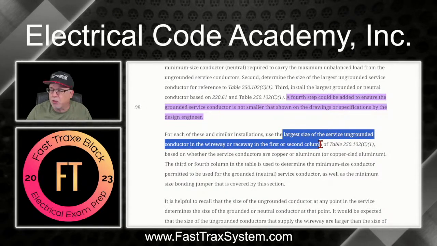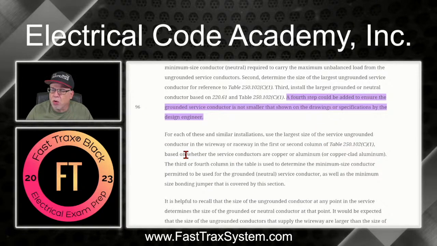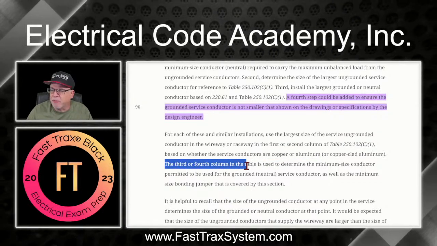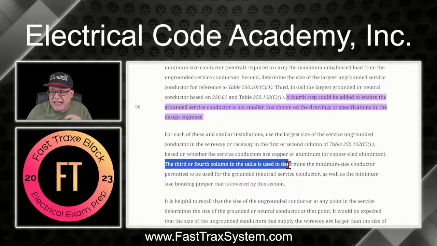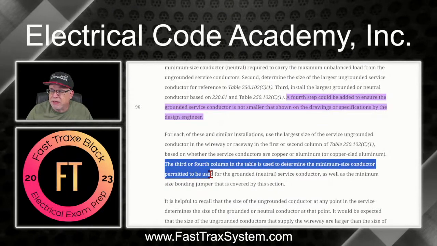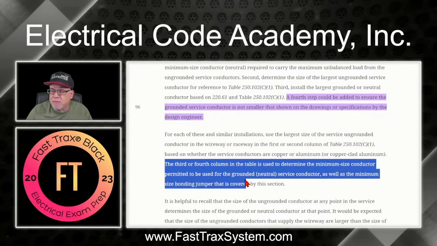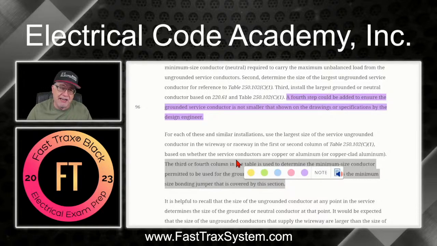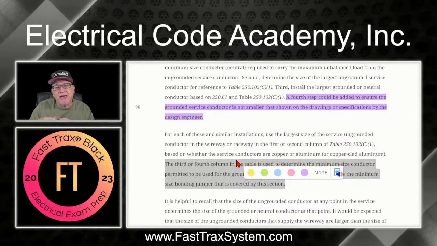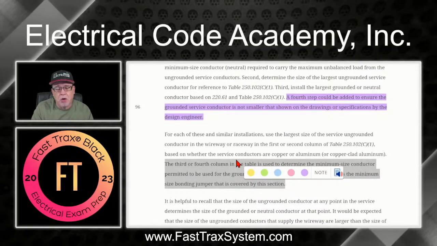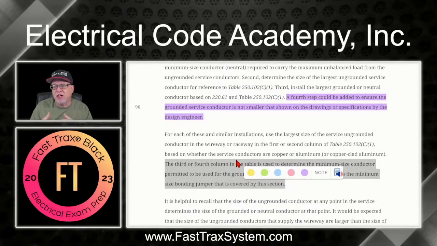And we're going to look at that table, okay, based on whether the service conductors are copper or aluminum, okay, and the third or fourth column in that table are used to determine the minimum size conductor permitted to be used for the grounded neutral service conductor, as well as the minimum size bonding jumpers that are covered by this section also. Don't forget, folks, that 250.102C1 is minimum size grounded conductor, but it also gives you direction on sizing supply side bonding jumpers and other bonding jumpers.